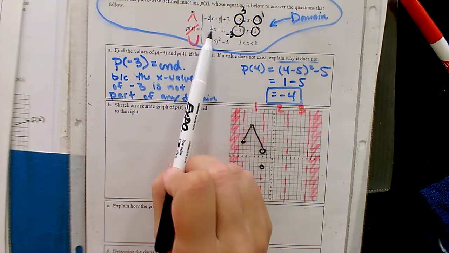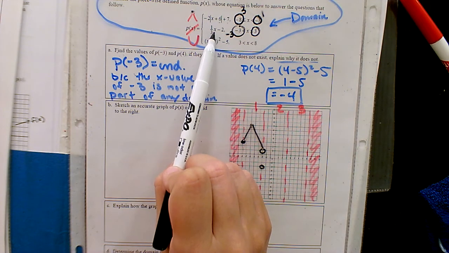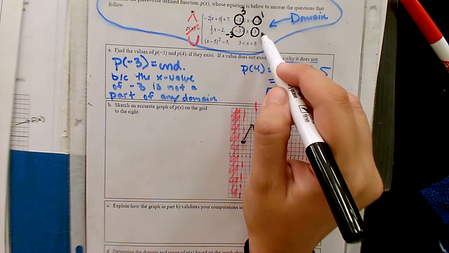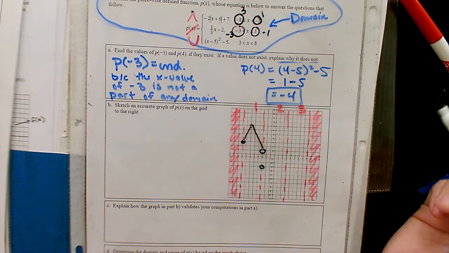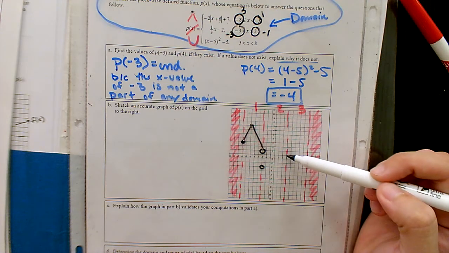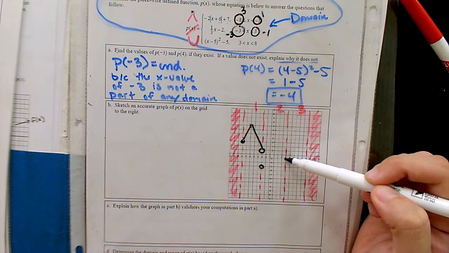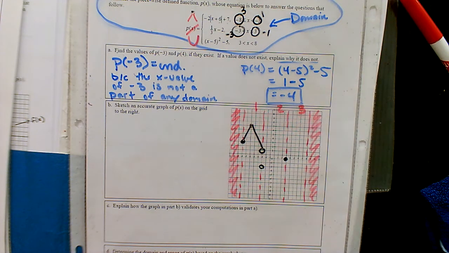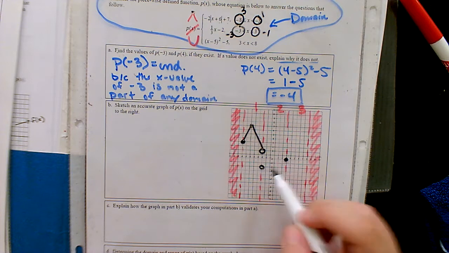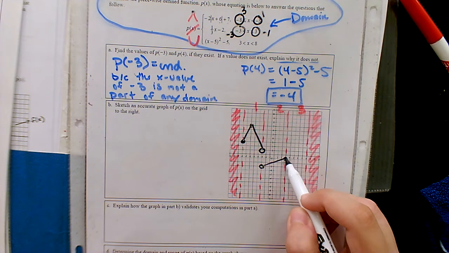Next domain value, plug in +3, times a third would be 1, minus 2, we get -1. Plug in 3, get out -1, ask ourselves open or closed. That one would be closed. So we got to connect the dots, making a straight line. That's not too bad, we can do that.